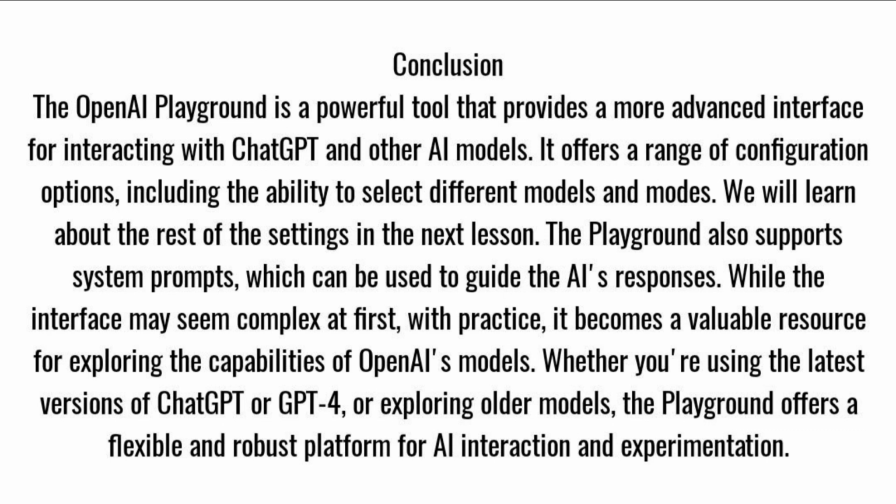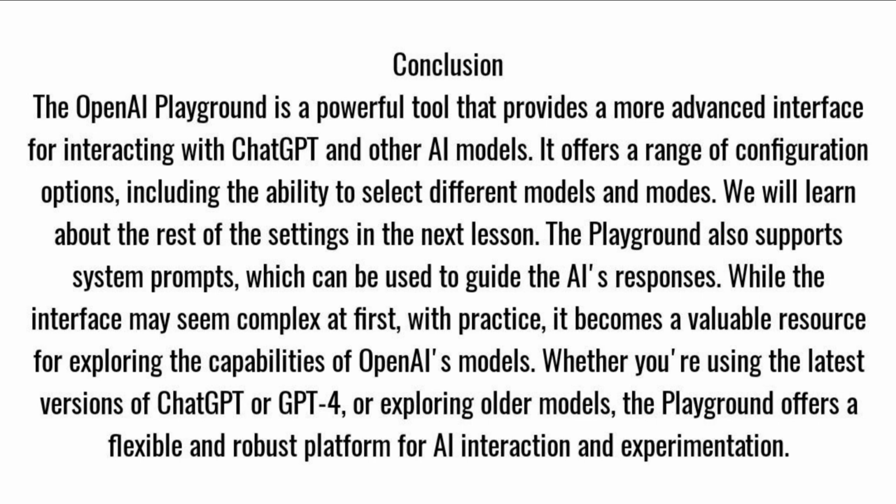Conclusion. The OpenAI Playground is a powerful tool that provides a more advanced interface for interacting with ChatGPT and other AI models. It offers a range of configuration options, including the ability to select different models and modes. We will learn about the rest of the settings in the next lesson. The Playground also supports system prompts, which can be used to guide the AI's responses.